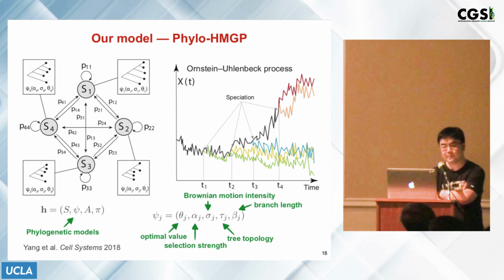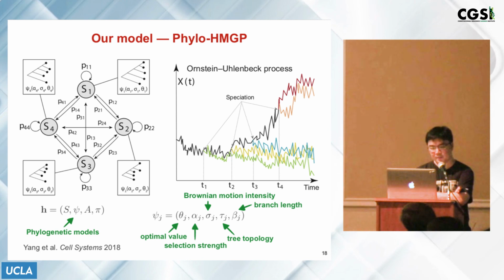So the speciation events are the deterministic signal that you take from some external information, and the Brownian motion is... No, the optimal value, the theta, on the next slide, is actually estimated from the data itself. Yes. Okay, so the speciation is also hypothesized. Yes, it's estimated from the data.